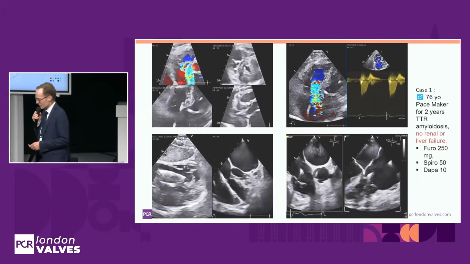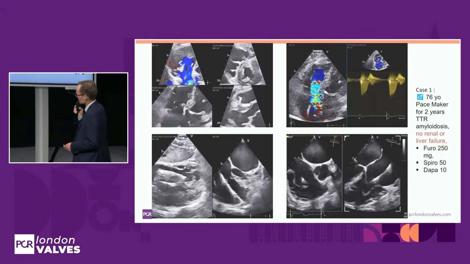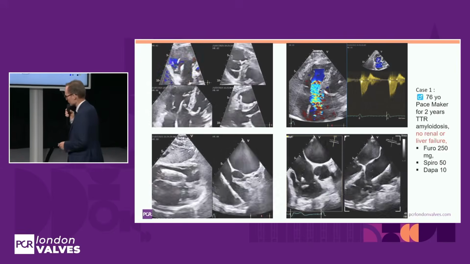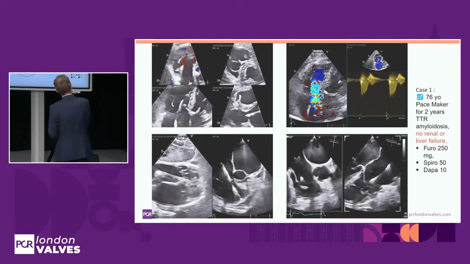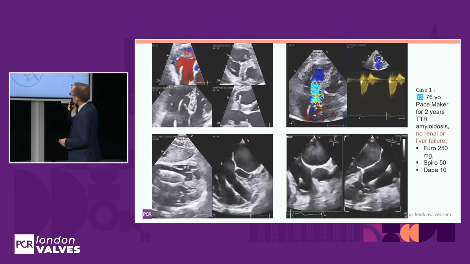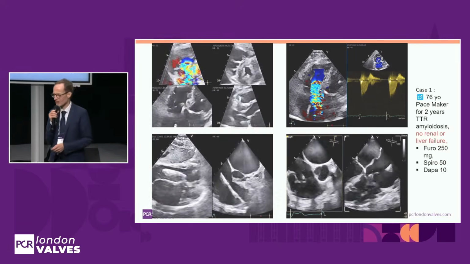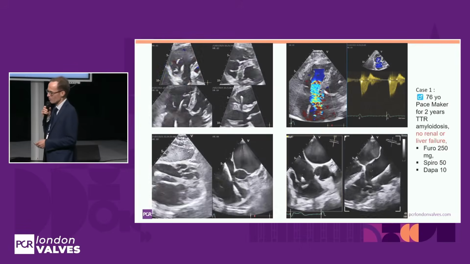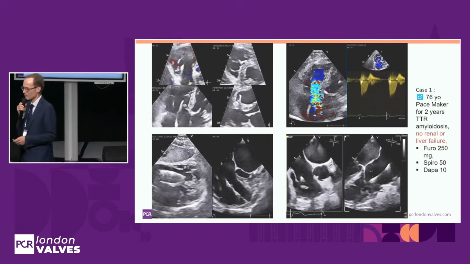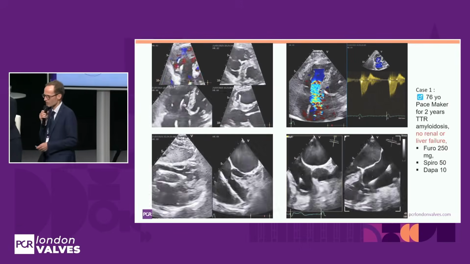So it's my pleasure to introduce you a lady that I like very much. No, not a lady actually, a guy. A guy with amyloidosis, so a complex patient treated with tafamidis and medical treatments, and the patient is still extremely symptomatic. As sometimes in patients with amyloidosis, we have a pacemaker that needs to be implanted because of conduction disturbance.